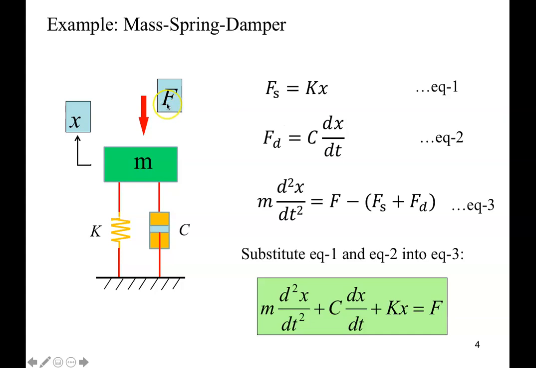The total force of the three, F minus the spring force minus the force in the damper, equals ma. The displacement of the mass is x. A would be the second derivative of x, or x double dot.